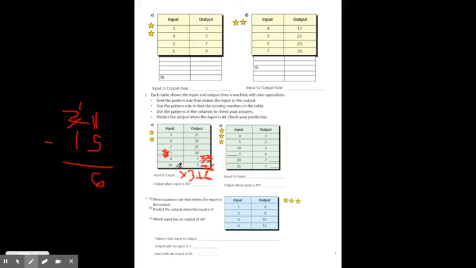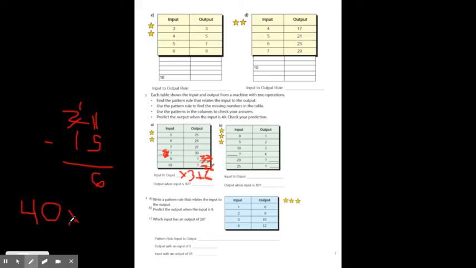So then it's going to be times 3 plus 6. And again, I could check it out by trying a different one. Let's try 10, right? 10 times 3 is 30. 30 plus 6 would be 36. Now they want to know what would the output be when the input is 40. So this is where we use that pattern rule, times 3 plus 6. Our input is 40, so instead of writing the word input, we just put in the word 40.